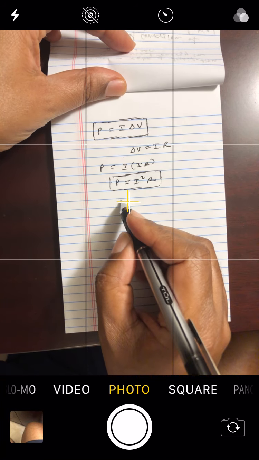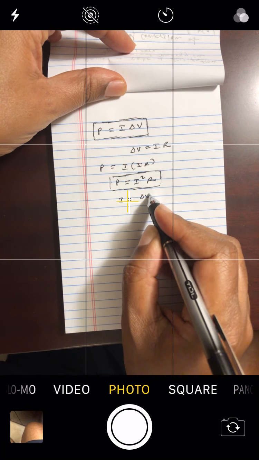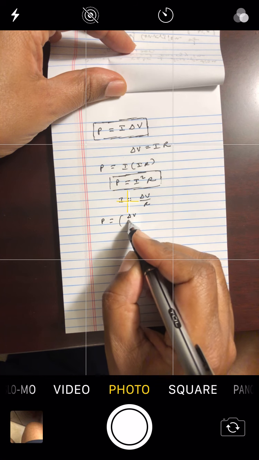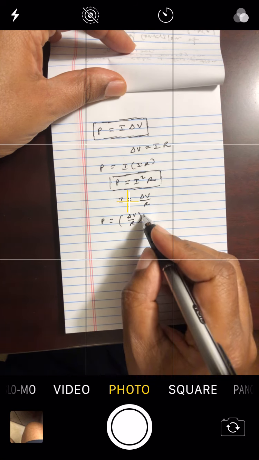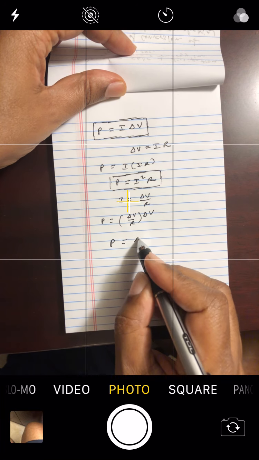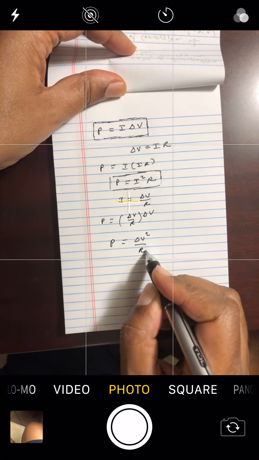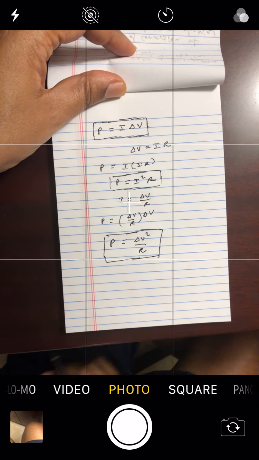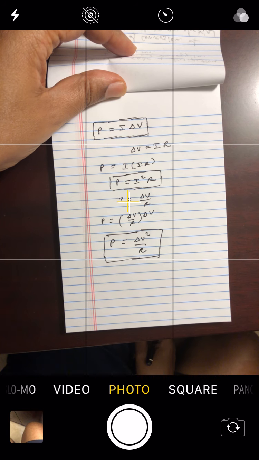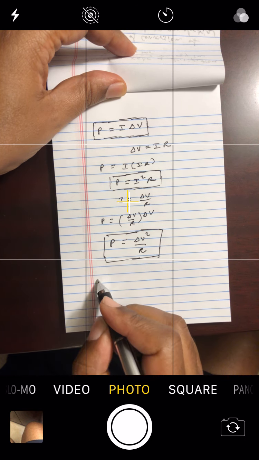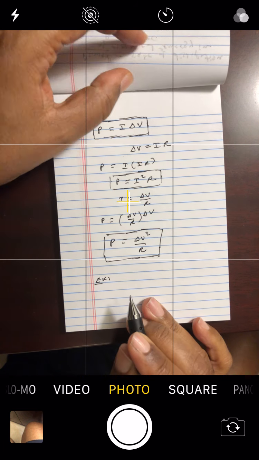Or if I replace current by potential difference divided by resistance, I get delta V over R times delta V, so power equals the square of the potential difference divided by resistance. Depending on what you know, you can use one of these formulas to calculate the rate of dissipation of energy.